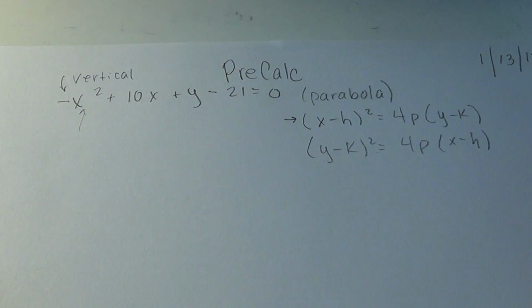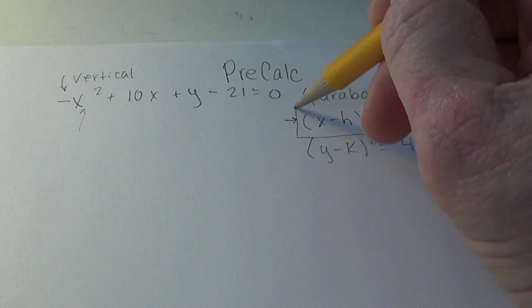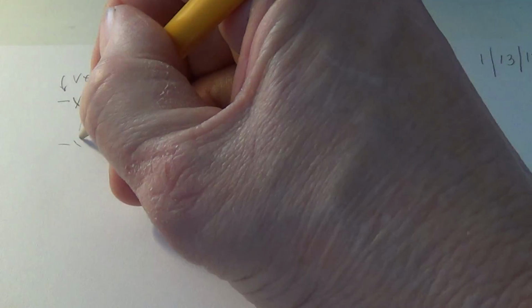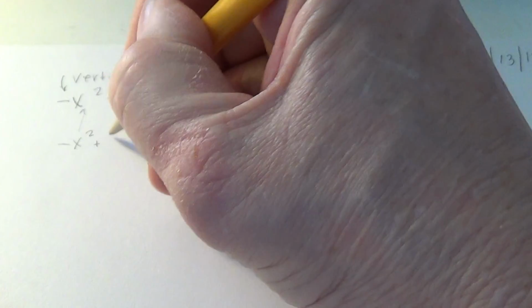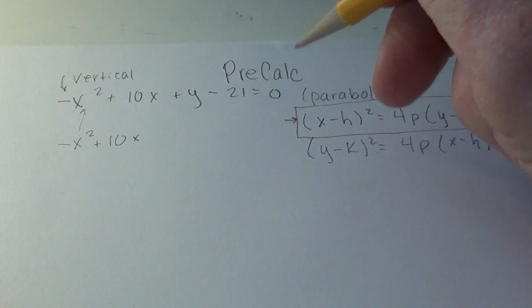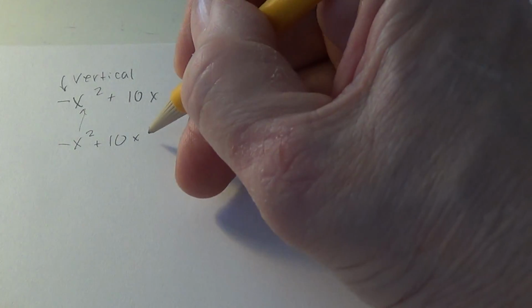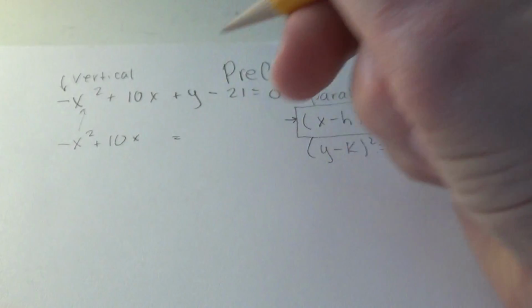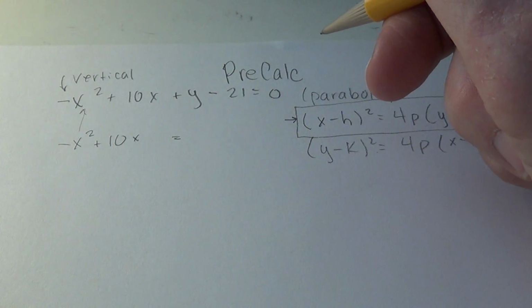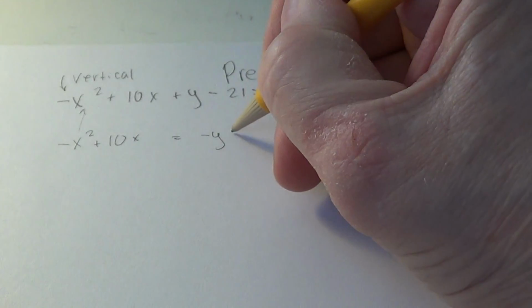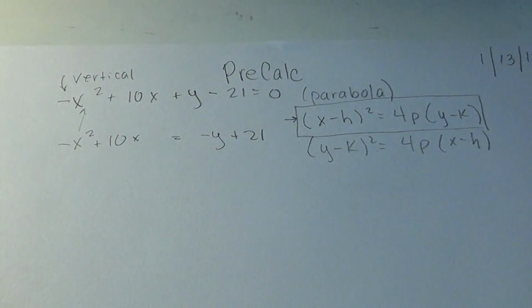Let's go ahead and put it in standard form then. So we're looking for this kind of a form. I'm going to gather my x terms, and I'm going to move my y terms to the other side and my constants to the other side. All right.